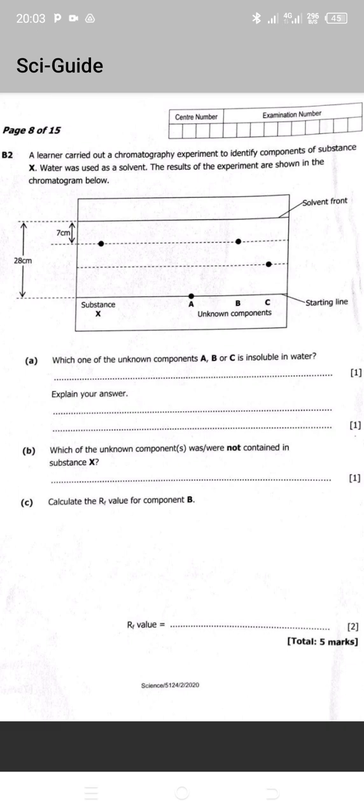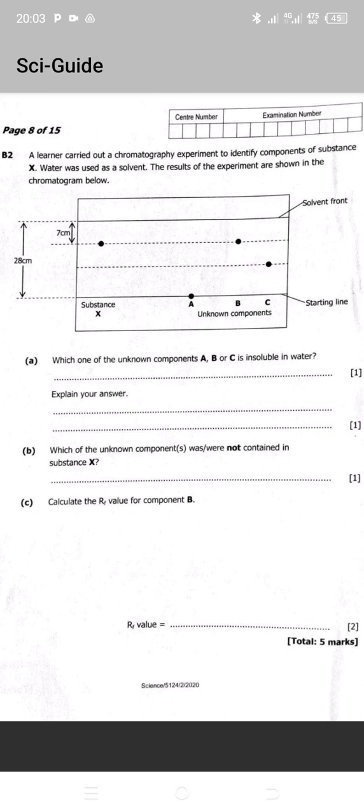Now, a question here from 2020 internal section B, question 2, a question on a chromatography experiment.